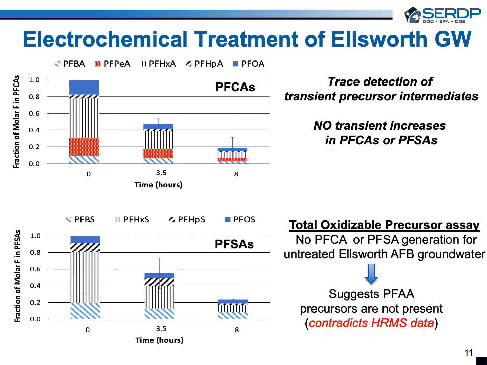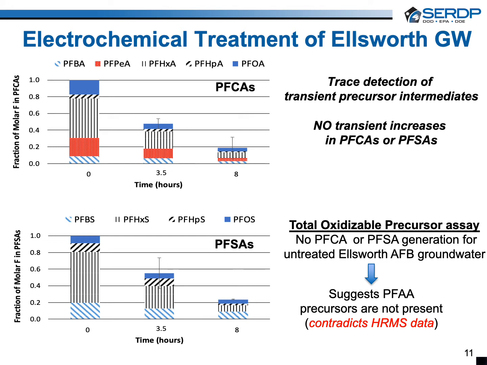So now we get to the results for the Ellsworth groundwater. Again, this was collected from water in a fire training area where AFFF has been used. And results are a lot different here. We do see a lot of these parent polyfluorinated compounds go away, but we really don't see any, or at least not very much, transient precursor generation.